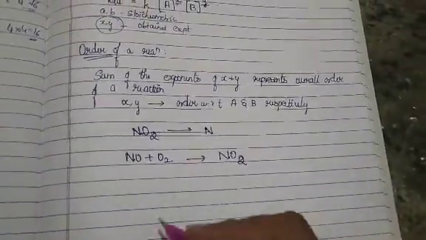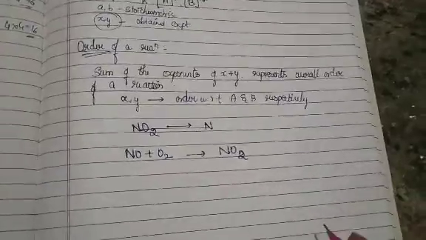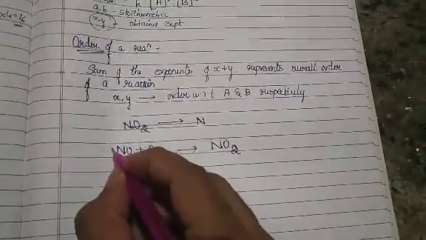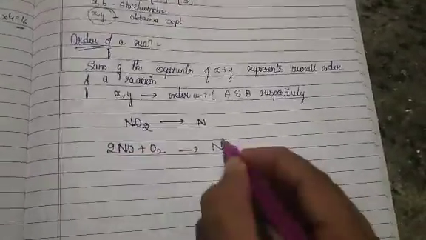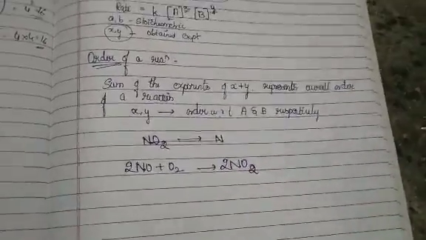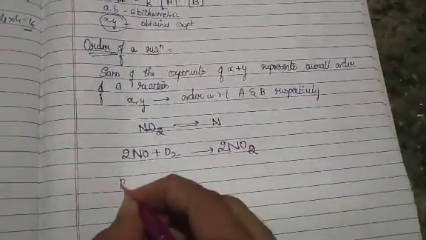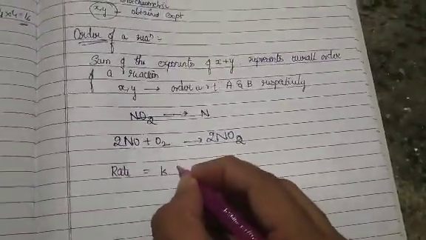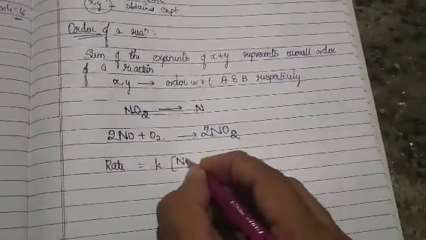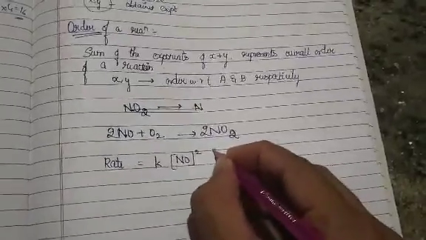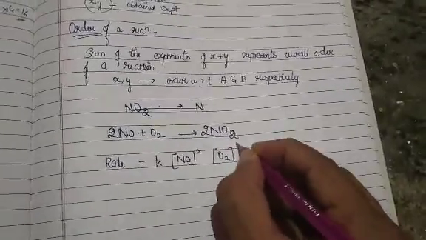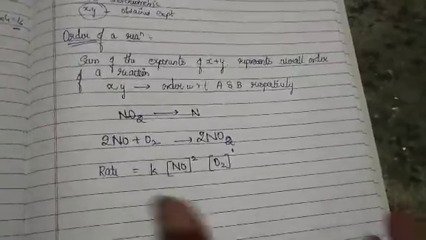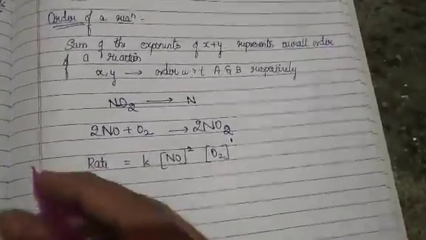Of course, the problem we have solved, I have taken the same thing over here. So here you have 2 and here 2 if you balance it. Of course we came to know from the rate expression and through the experimental conditions that our rate equals k times NO to the power of 2 and O2 to the power of 1. Then what is the overall order of this reaction?